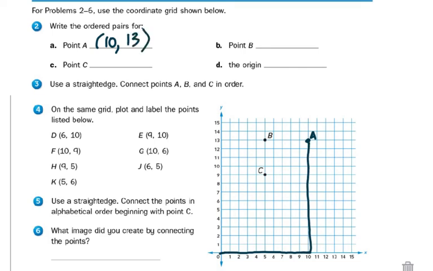So 10, 13, and we put that in parentheses. And again, I'm just drawing the line so you can see. Point B is over 5. And then it goes up, and then we look over to the side, 13. 5, 13.